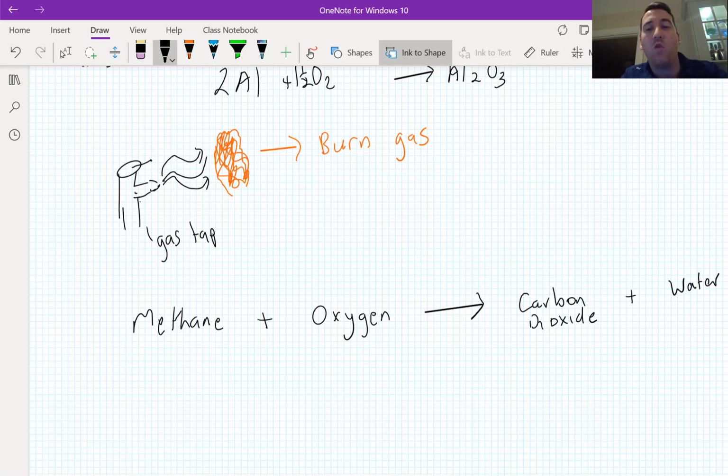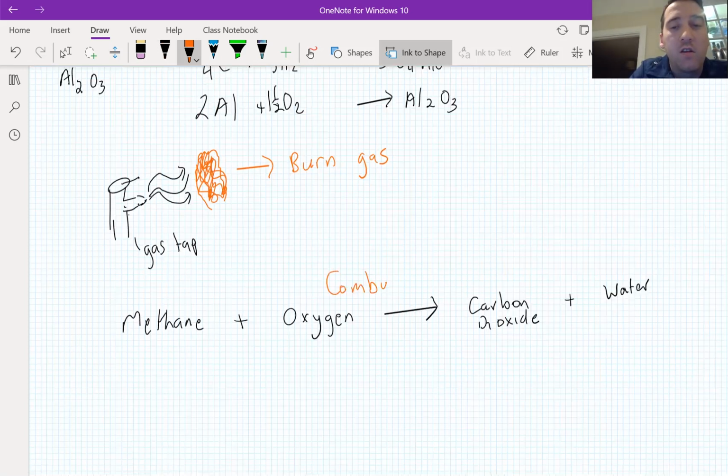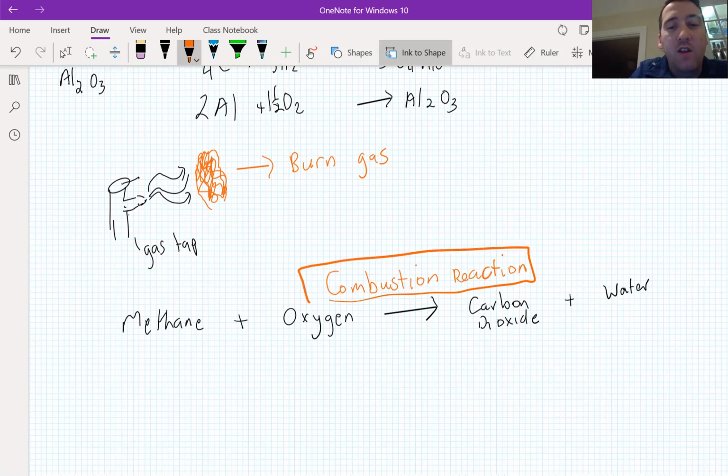We call these types of reactions combustion reactions. This is a combustion reaction. So this is what we're going to be talking about next, the heat change when a combustion reaction occurs.